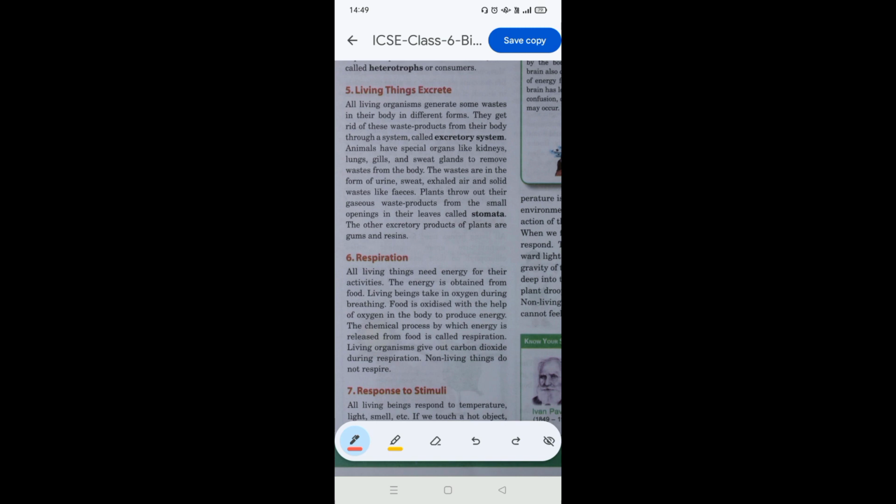So, the fifth characteristic of living organisms is that they excrete, right? And it happens through a system called the excretory system.